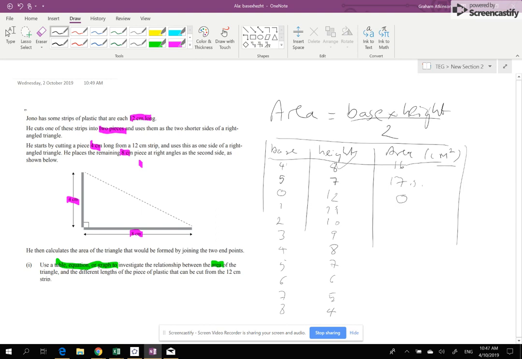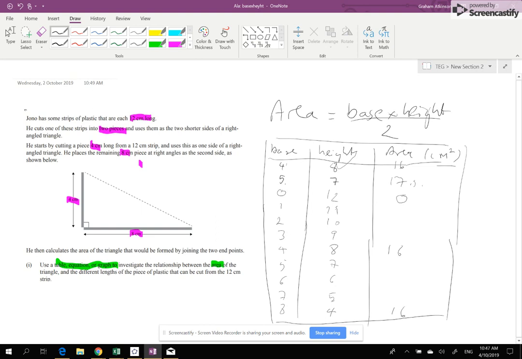Now I've stopped my table at 8 because I'm noticing something. I did 4 and 8, and now I've got 8 and 4, and they're both going to give me an area of 16 because I've worked that out before.